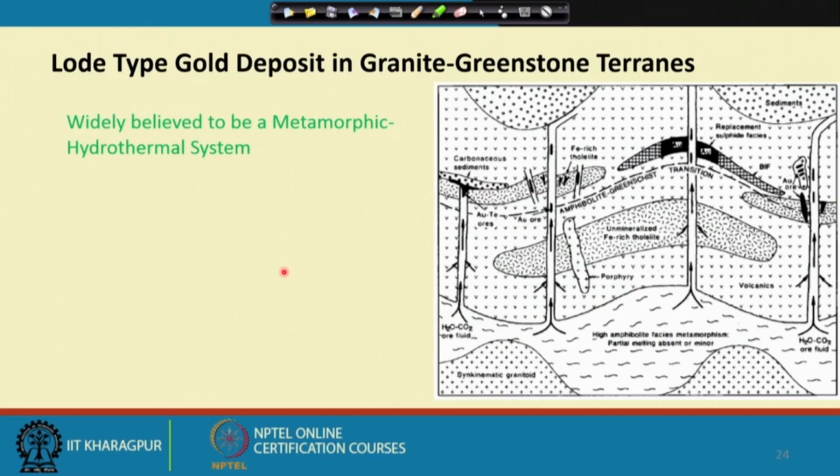So this model is a working model which explains the formation of the gold deposits, and the basic mechanism is the transportation of the metal in appreciable quantity in a fluid which is essentially derived by metamorphism of this volcanosedimentary sequence, especially units like the basal unit, the komatiite basalt, which is supposed to have a higher concentration of gold compared to the other litho units, gold being a compatible metal.